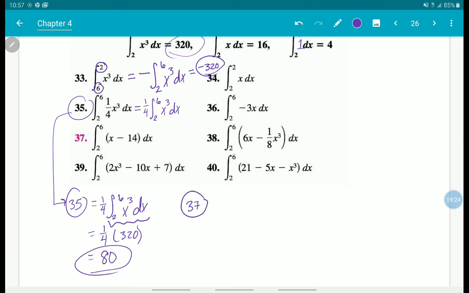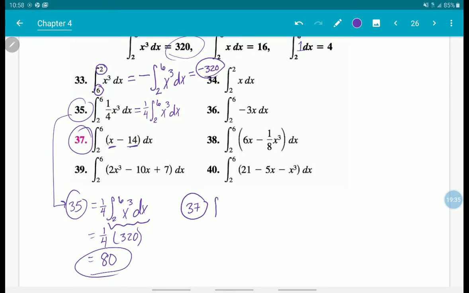37. They're integrating from 2 to 6. This is going to use that property where we can split it up, thinking about this is f of x and this is g of x. So we could rewrite this as the integral from 2 to 6 of x dx minus the integral from 2 to 6 of 14 dx.